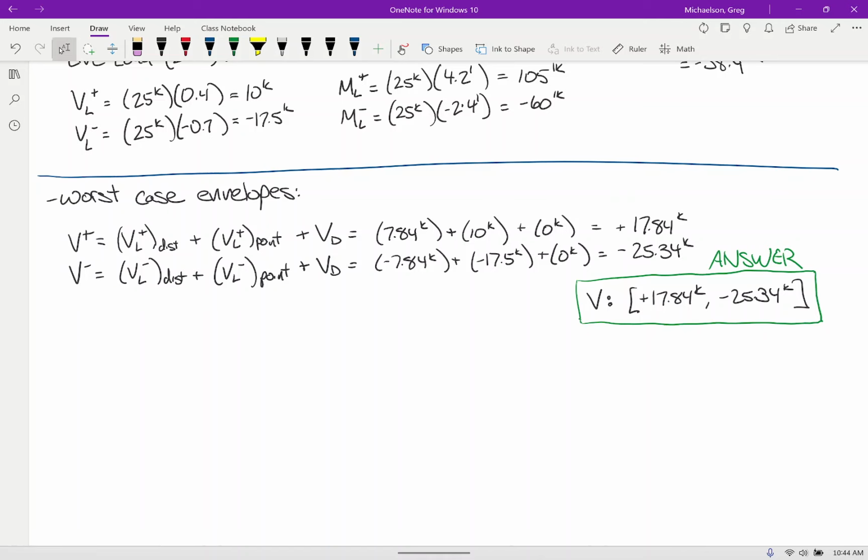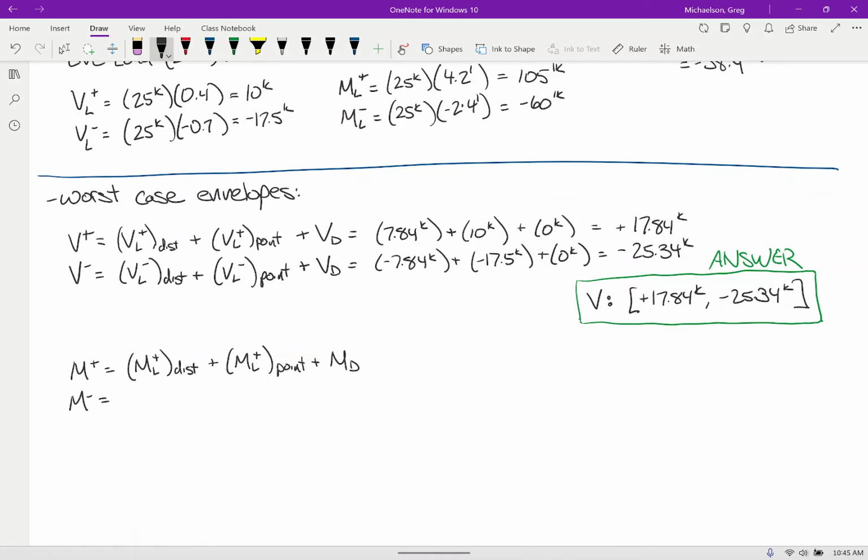Okay, so for moment, we're going to do the same thing. So we'll say ML positive for the distributed load plus ML positive for the point load. But again, we cannot ignore the presence of the dead load moment. It's there whether we like it or not.